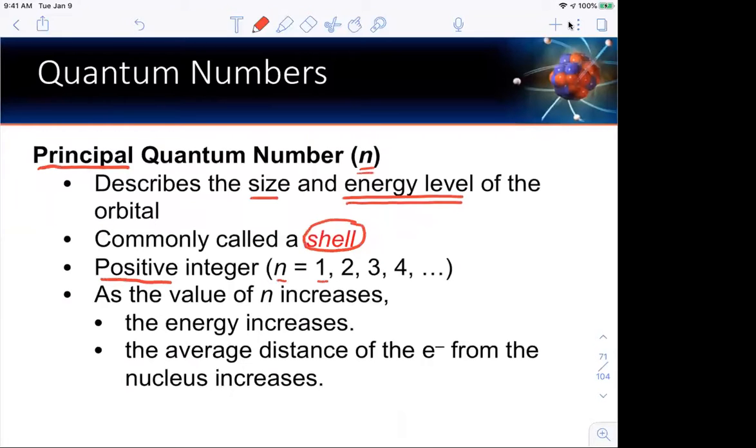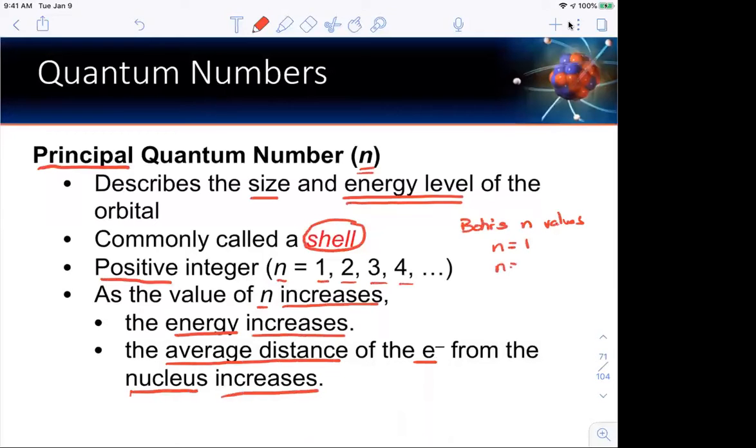So n is going to be 1, 2, 3, 4, etc. As the value of n increases, the energy of that orbital increases, and the average distance of the electron from the nucleus also increases. These can also be looked at as Bohr's n values, where I can have n equals 1, and then in my next shell I have n equals 2. As I go farther and farther away from the nucleus, my n value increases.